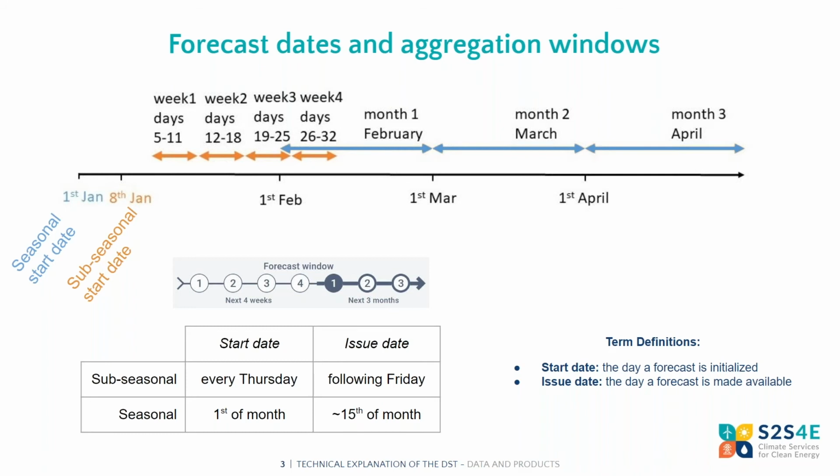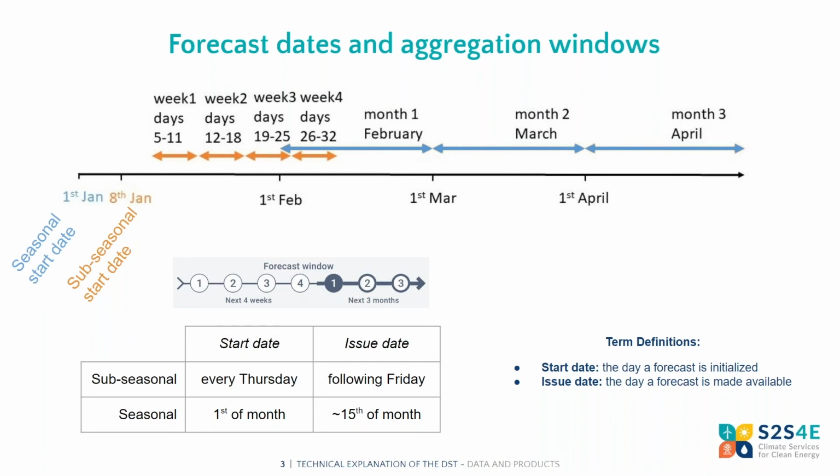As Andrea said, the subseasonal predictions are always initialized on Thursdays. Then we make them available at the S2S for DST, typically on Fridays, and they present information for the weeks starting from next Monday to Sunday and so on.